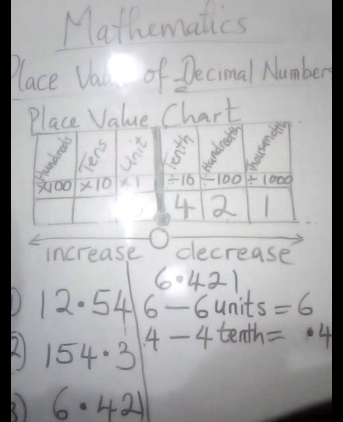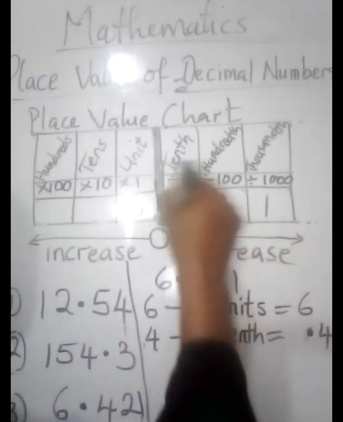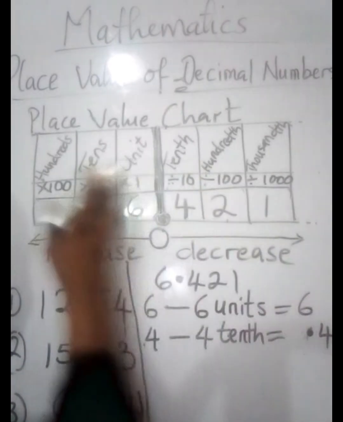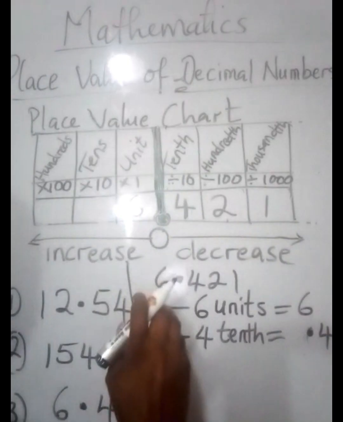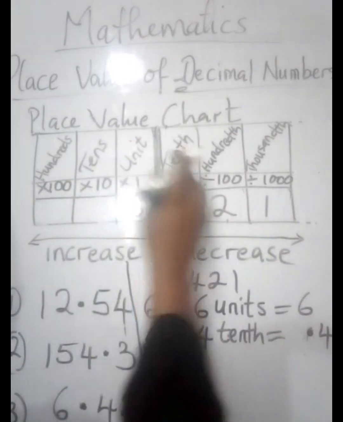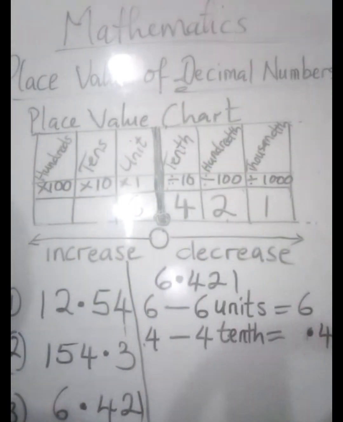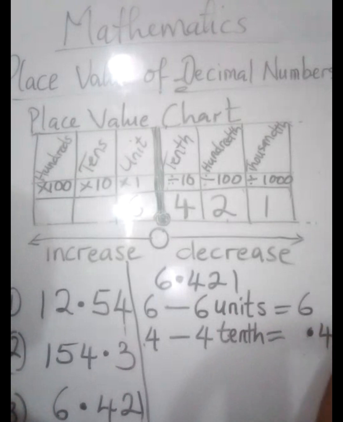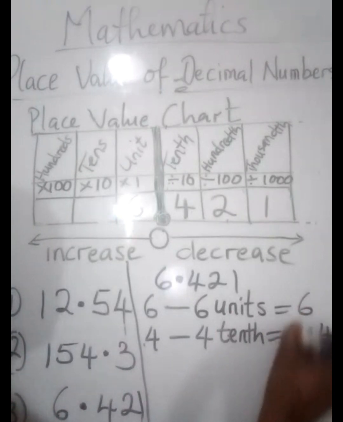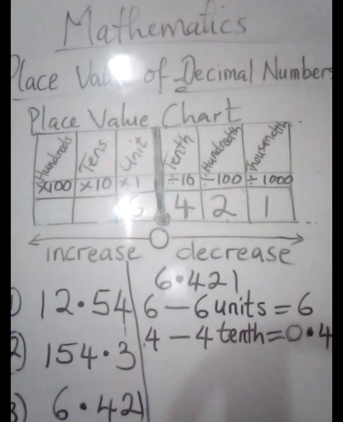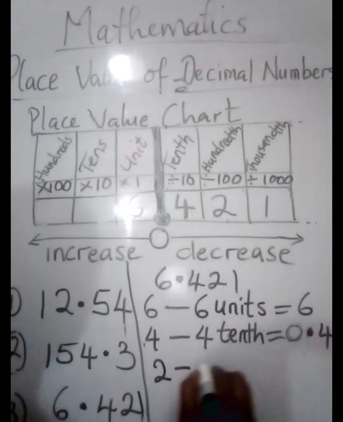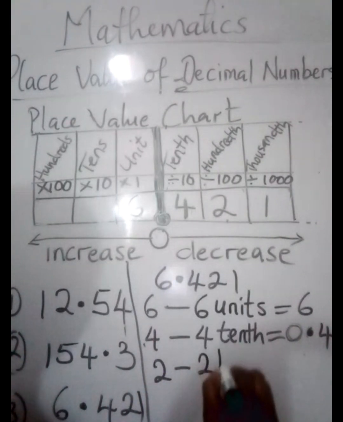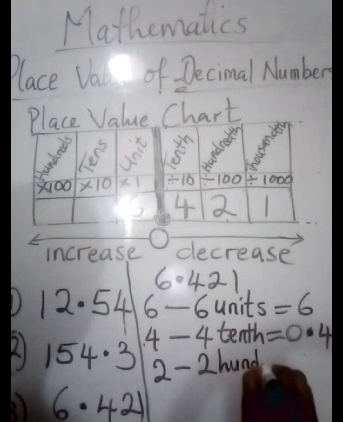Any number to the right of this point, you must show that point before you show the number. But to the left, you don't need the point, because these are whole numbers. To the right, they are fractions, not whole numbers, and that is why it's important you always show the point. So you have 0.4, and I mentioned before, point any digit is the same as 0. that digit. So the value of that 4 is 0.4. Now the next digit here is 2, and 2 comes under hundredths with a TH.